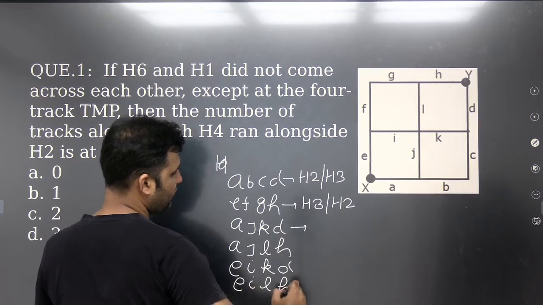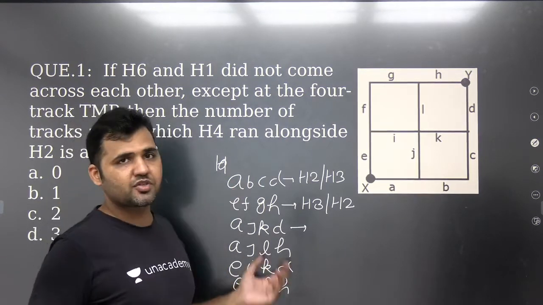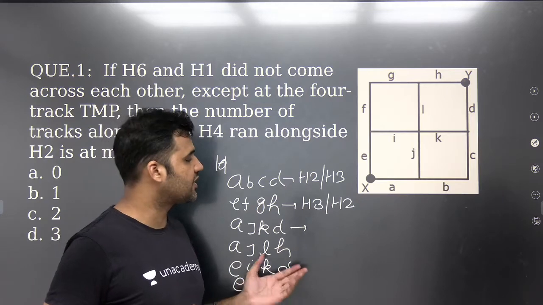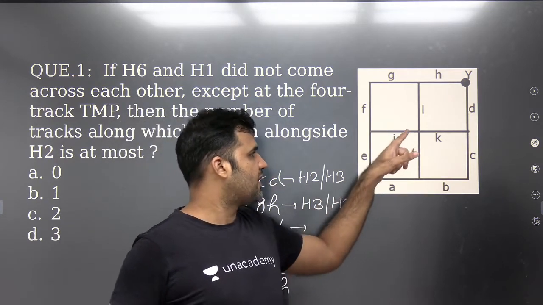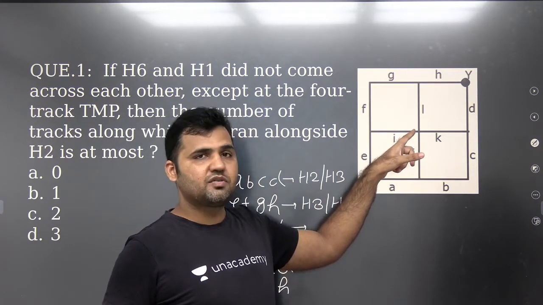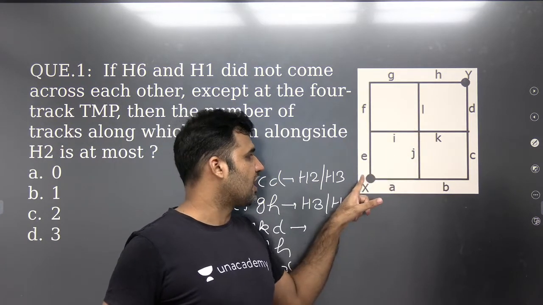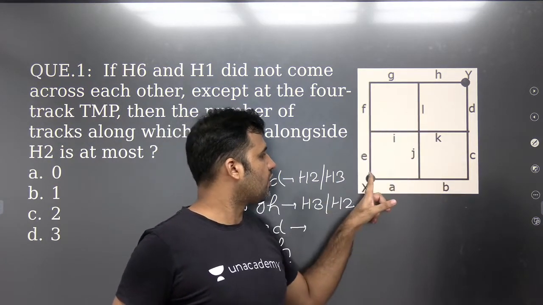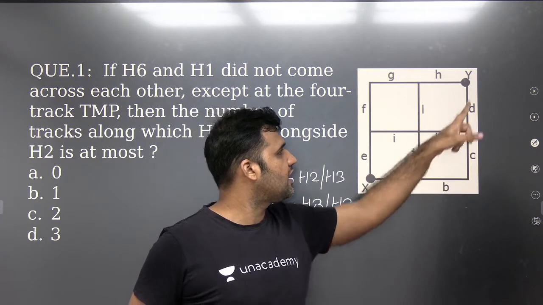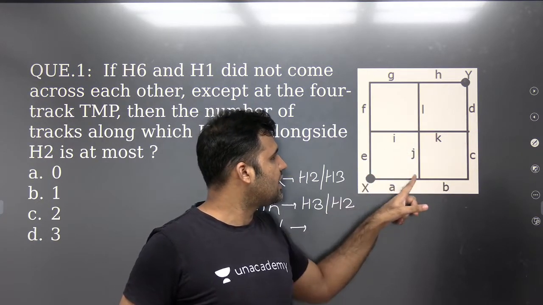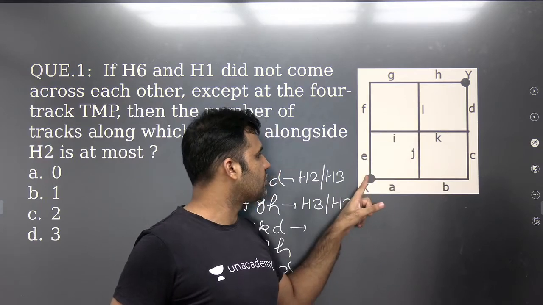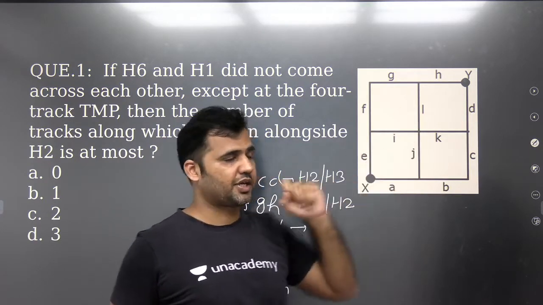So these are the possible tracks on which these 6 hamsters can run. These are the only possible cases, right? So either you will not be passing through this 4 track point, or you will be passing through it. So ABCD, EFGH, or you can go through AJKD, or AJLH, or EILH. Okay.